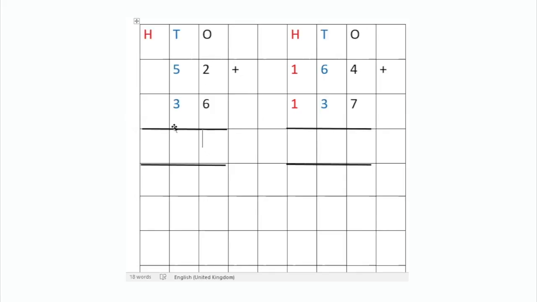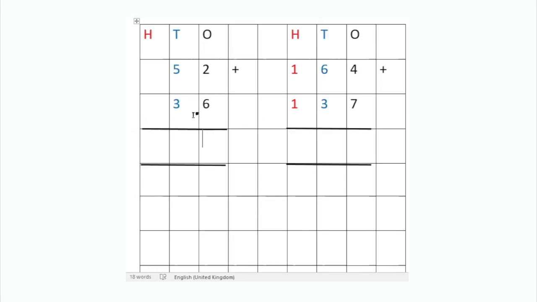We're going to add the ones column first, but this is something I'm going to lead into as we complete the question. Then we are going to add the tens column. And as we get onto the harder questions, we're going to add the hundreds column. So let's have a go at the first question.